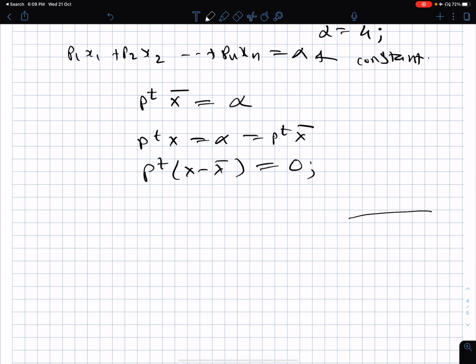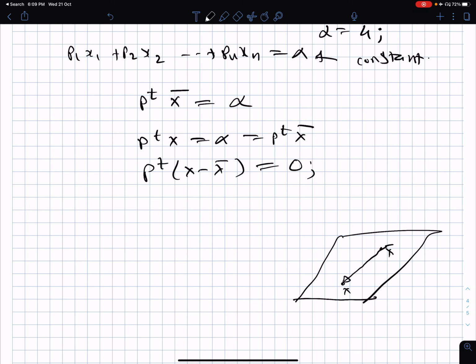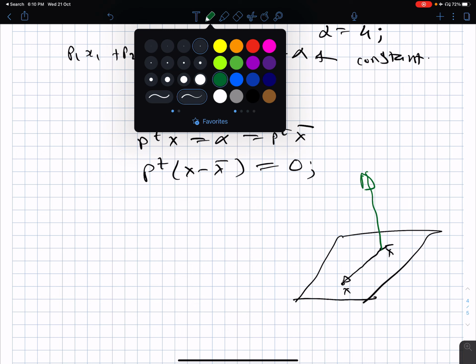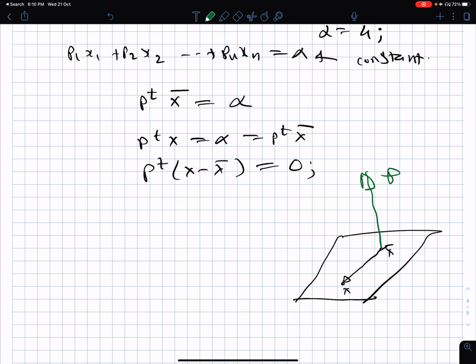So imagine that there is a plane like this, and this is the x point, some x point, this is a given point x bar. So x minus x bar is this particular ray here. Then what this says is that P is a normal vector to it.